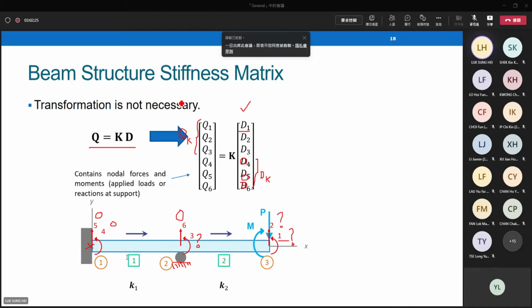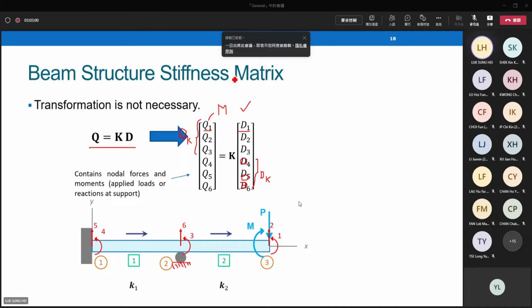Then you just take a look at the picture to see what Q1, Q2, and Q3 are. What is Q1? The force or the moment along direction 1. I clear the picture a little bit. Direction 1 is talking about the rotations, which means Q1 stands for the applied moment about direction 1.